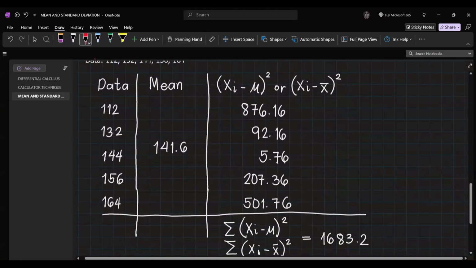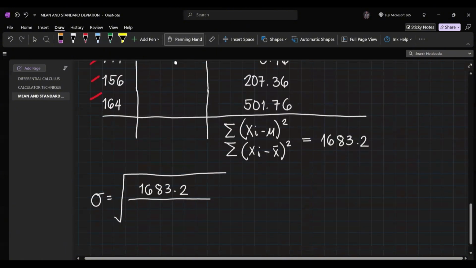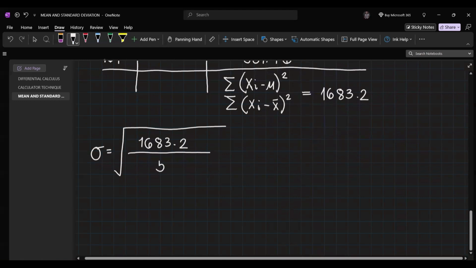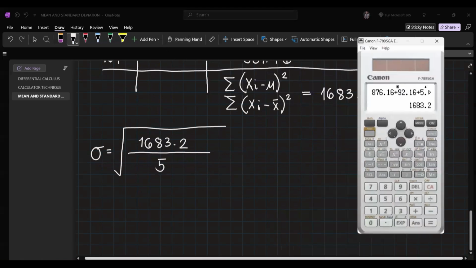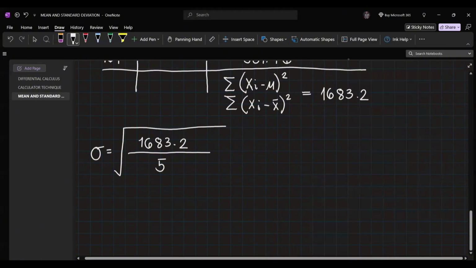So ano yung n natin? Ito, 1, 2, 3, 4, and 5. So divided by 5. So ilan to ngayon? 1683.2 divided by 5. This is 18.35.